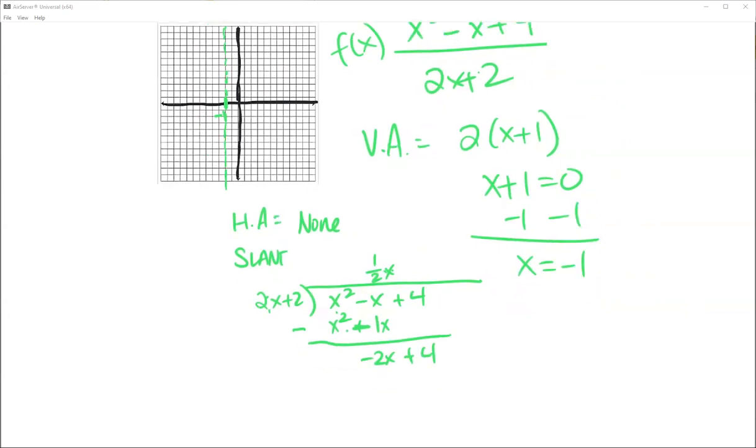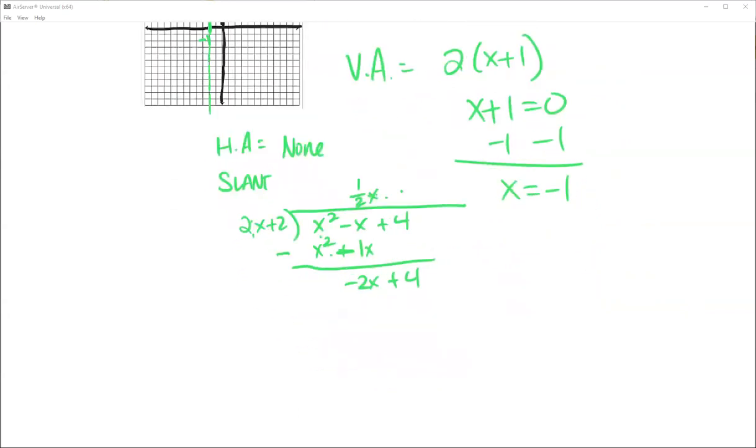What number times 2x equals negative 2x? It would be minus 1, right? So it'll be negative 2x minus 2. Minus, it'll be a plus plus. So that will be 6. So we just have to worry about this right here. Our slant asymptote is y is equal to 1/2 x minus 1.